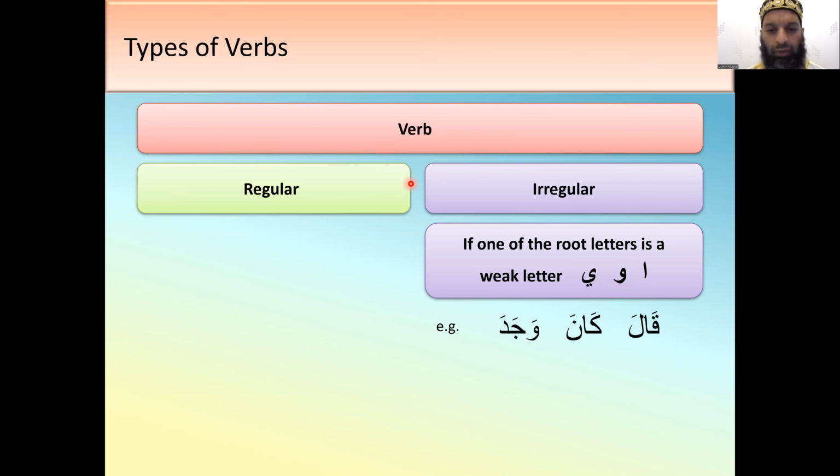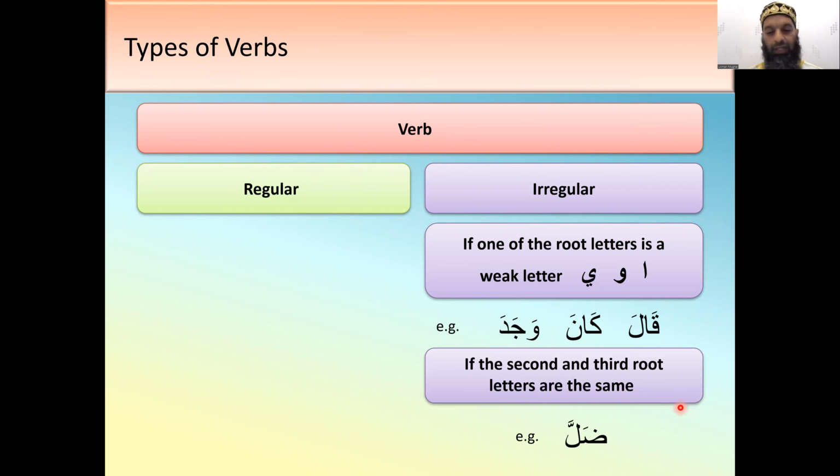Right, okay. So you remember that, yeah? It's the same slide. What's the second way you can tell a verb is weak in Arabic? Anybody? Yes. Excellent.